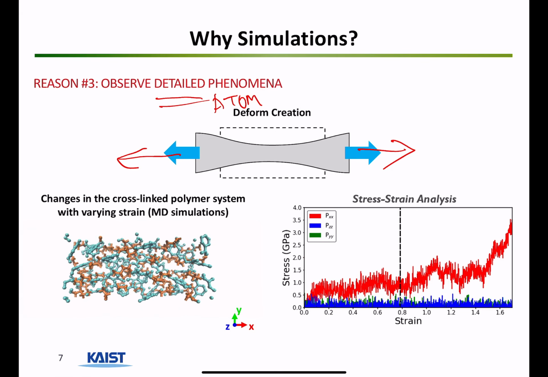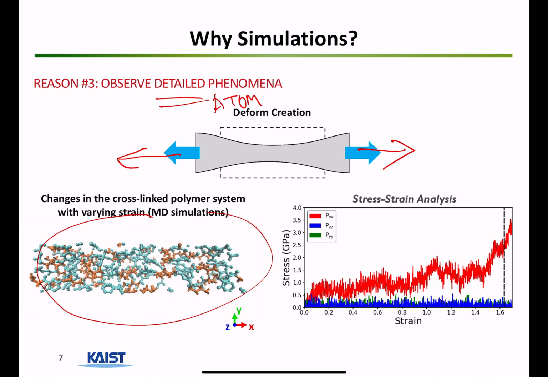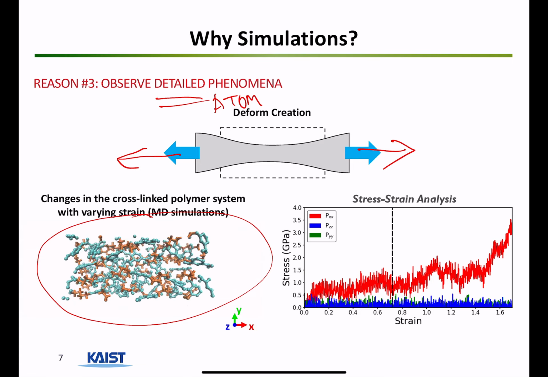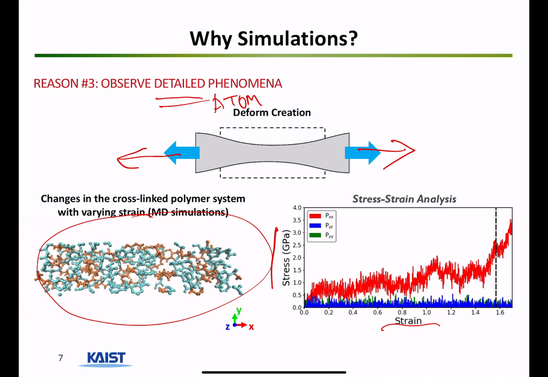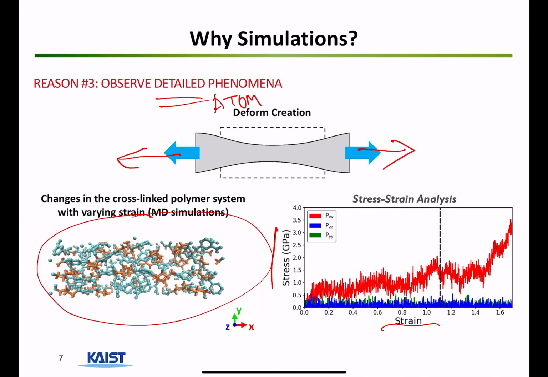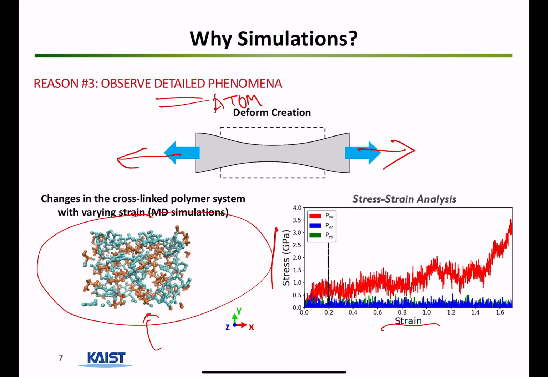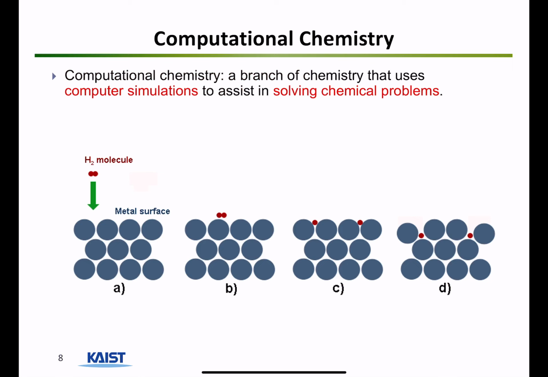If we want to look at this atomically, we can run a simulation by deforming the polymer and seeing how the atoms change. We can look at the stress and the strain and see a certain relationship. These are difficult to do, and the atomistic picture is pretty much impossible to observe using experiments.